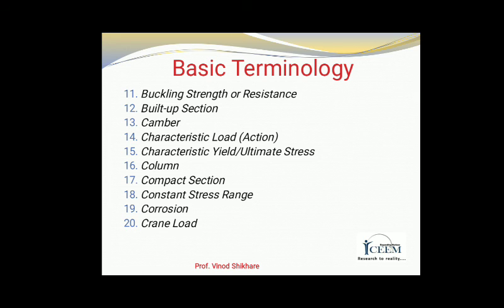Next term is compact section. A cross section which can develop plastic moment but has inadequate plastic rotation capacity needed for formation of a plastic collapse mechanism of a member or structure.